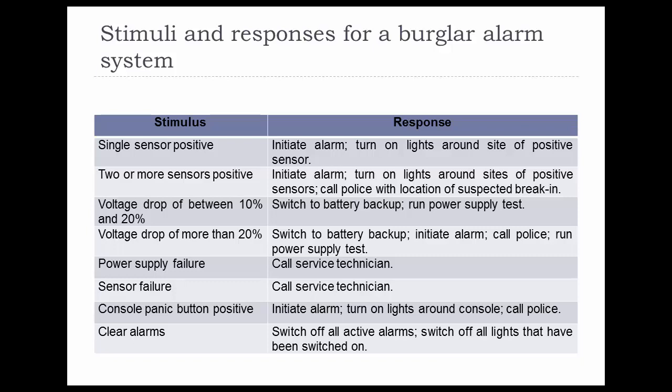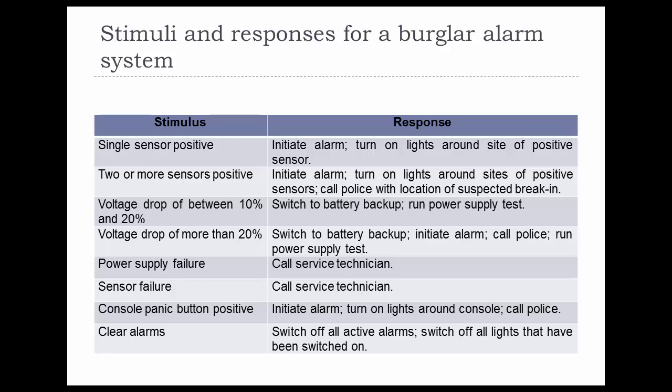If there is a voltage drop of between 10% and 20%, switch to battery backup and run a power supply test. A voltage drop of more than 20%: switch to battery backup, initiate an alarm, call the police, and run a power supply test.